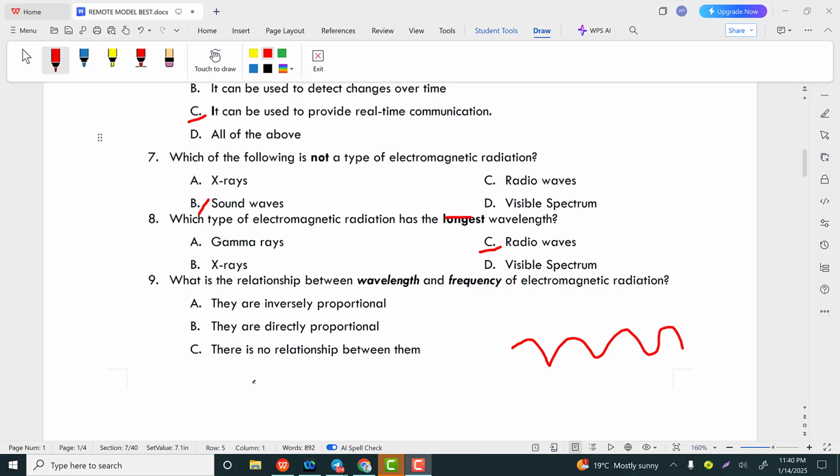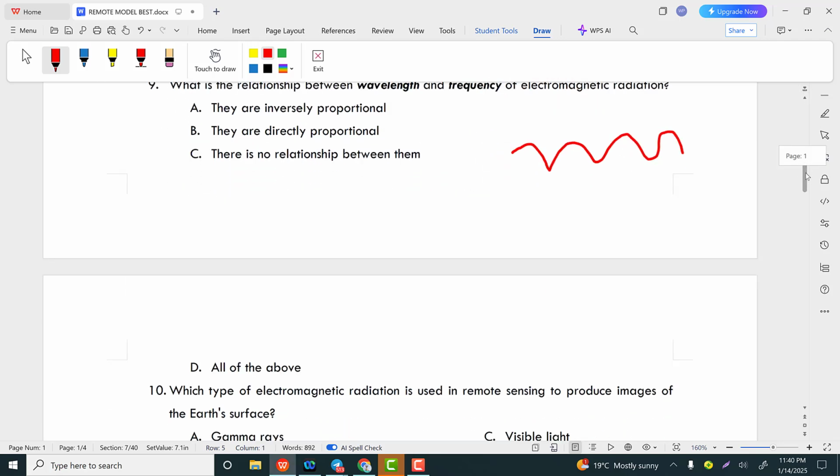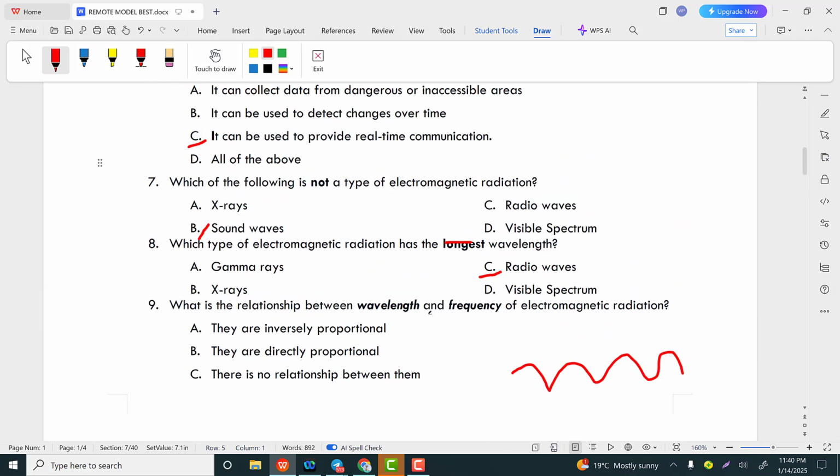A. They are inversely proportional. B. They are directly proportional. C. There is no relationship between them. And the final option D is all of the above. So they are inversely proportional. The answer is this. If the wavelength of incoming solar radiation is longer, the frequency is minimum.